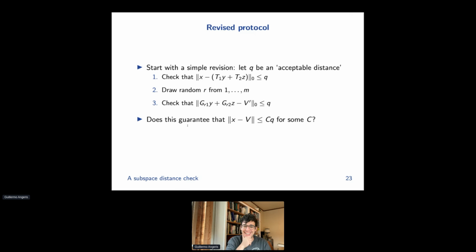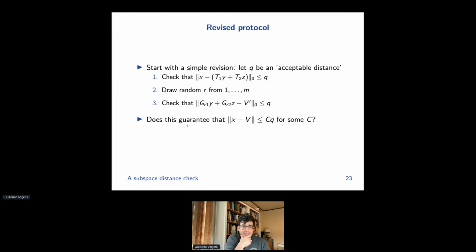First, let's check that X is close to T1Y plus T2Z. That's easy to check. Then we're going to draw a random R, and take a random linear combination of Y and Z. And then we're going to check that that linear combination is close to V prime, which is the subspace that we cared about.